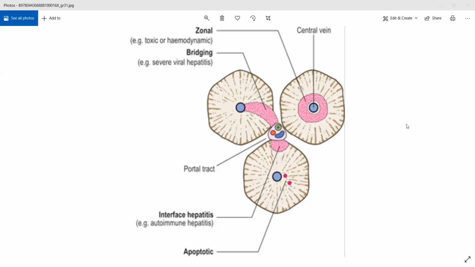So till now we saw different types of damage. One is hepatocellular damage, in the centrilobular zone, specifically the third zone. Then there was ballooning degeneration. Along with ballooning degeneration, you will also see acidophilic degeneration.